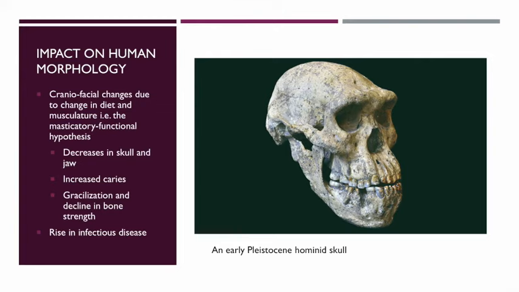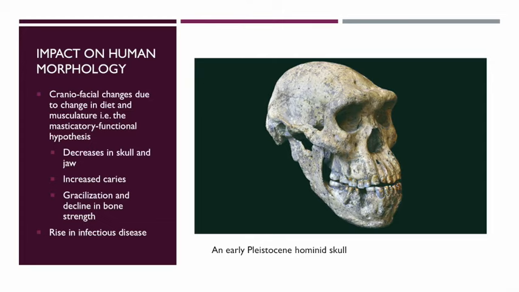The foods that were cooked more, the grains that were made into mushes and things like this. What this did was decrease our need for the skeletal anatomy in things like the skull and the jaw. So we can see the decrease in the size of the skull and jaw among Homo sapiens from about 10,000 years and after. We begin to see the increase in caries.